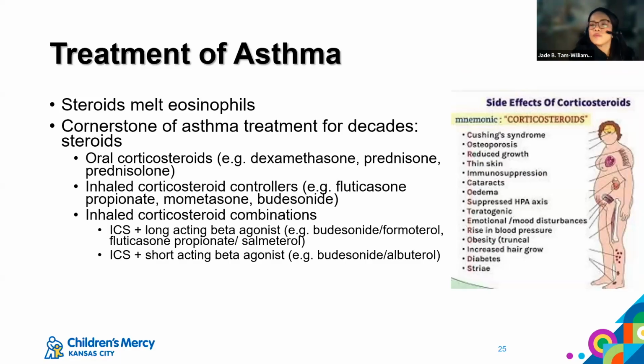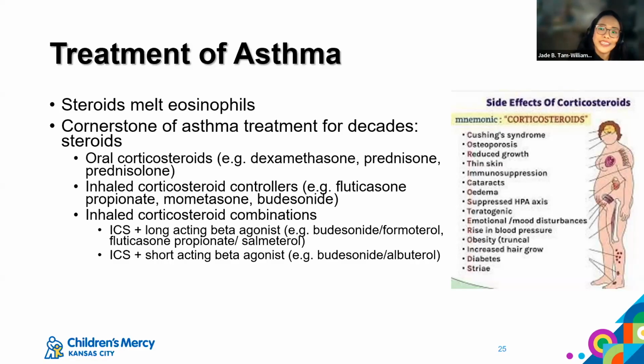And then we moved more fancy and started doing inhaled corticosteroid combinations. This is a combination of an anti-inflammatory steroid, not the kind of steroid that makes you grow big muscles, mixed with a long-acting albuterol, so a budesonide-formoterol or fluticasone-salmeterol.